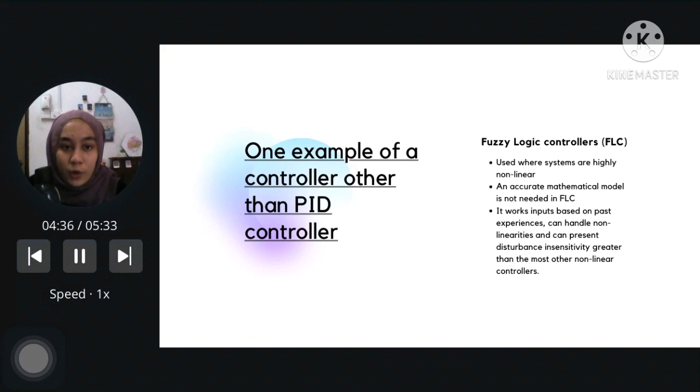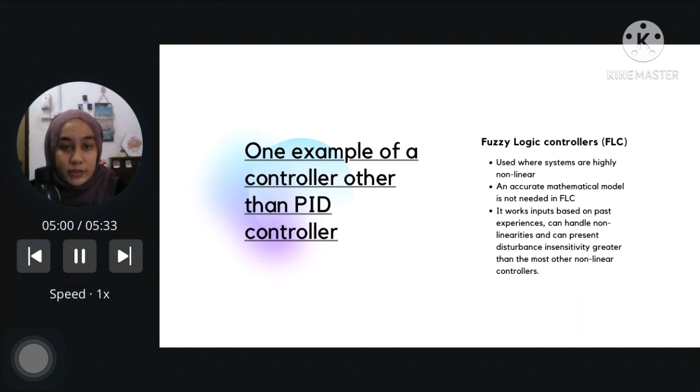And for the last point, an example of a controller other than the PID controller: fuzzy logic controllers, FLC. Fuzzy logic controllers are used where systems are highly nonlinear. Generally, most of the physical systems or electrical systems are highly nonlinear.